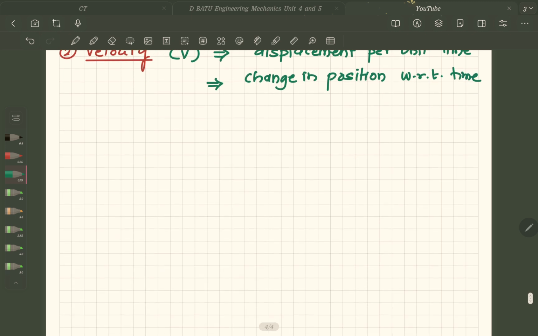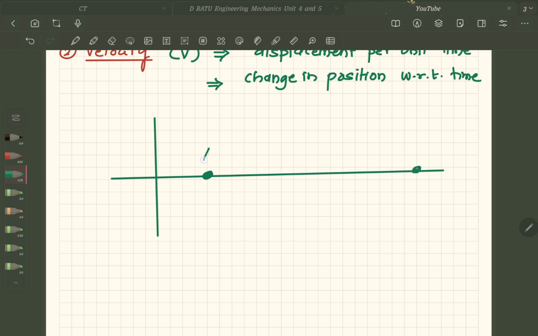Suppose again if I take the same object here, and the object was initially somewhere here, and then it has reached this particular point, so from A to B it is traveling. So when I started the measurement t equal to 0, the object is at this particular point, suppose this is 5 meter from the origin, and in 10 seconds it has reached 15 meter.